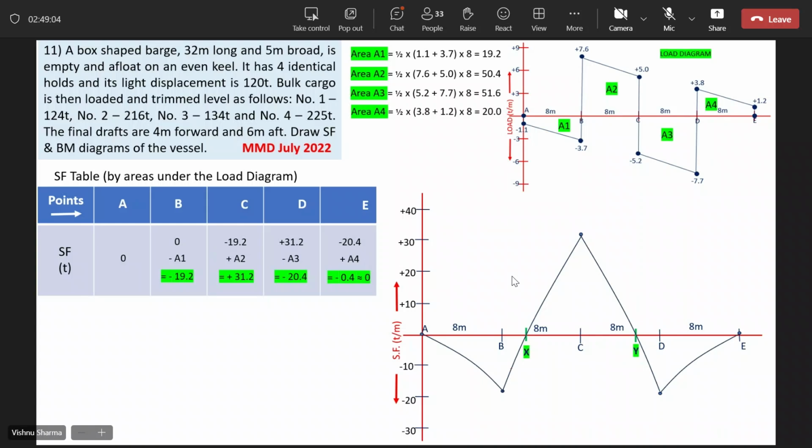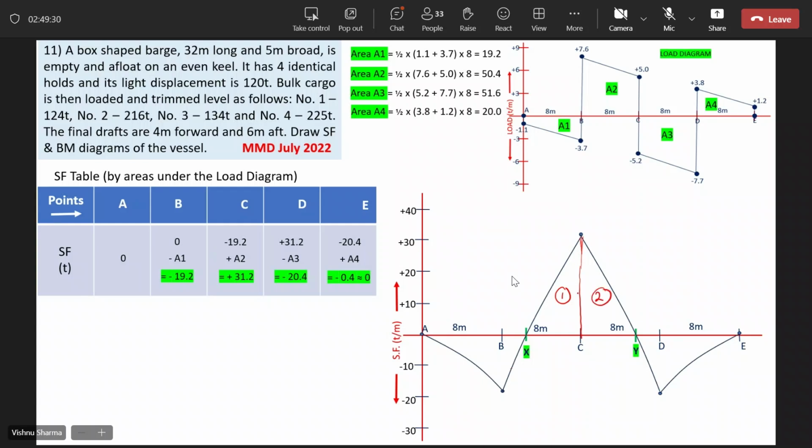Now, guys, what has BM got to be at E? BM at E has to be 0. Why? Because the free ends' BM has to be 0. At A it is 0. At E also it should be 0. If you look at this diagram, then what should happen? Basically, this diagram has two areas, 1 and 2.